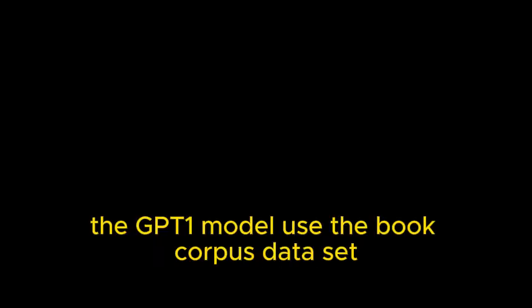Instead, the model is trained to predict what the next token is. Thanks to the use of the transformer architecture, which allows parallelization, this pre-training was performed on a large amount of data. For the pre-training, the GPT-4 model used the book corpus dataset, which contains the text of approximately 11,000 unpublished books.